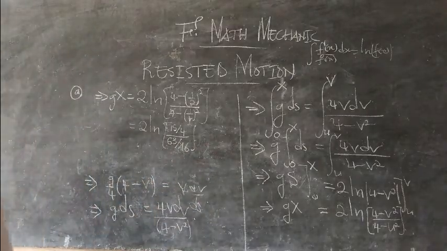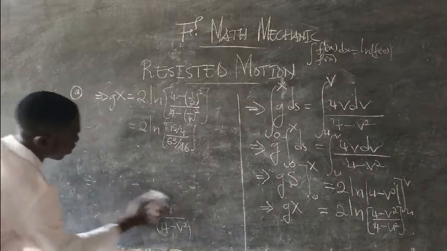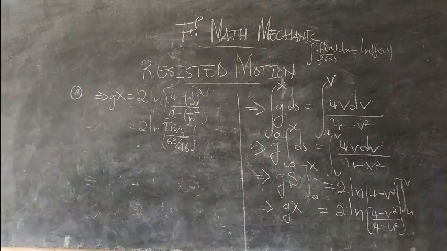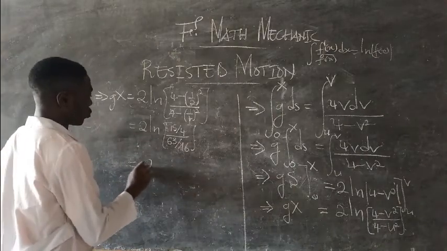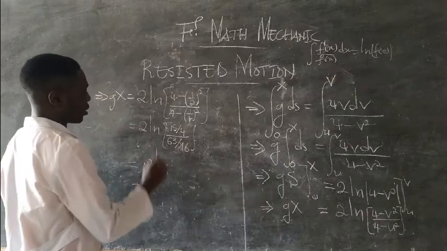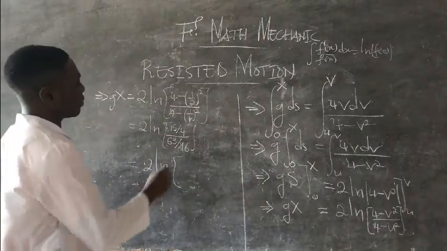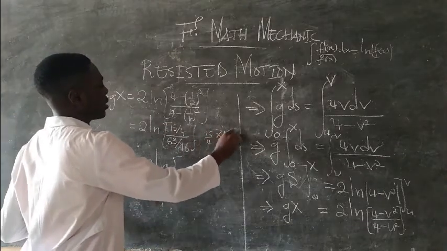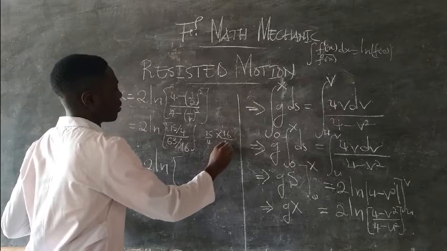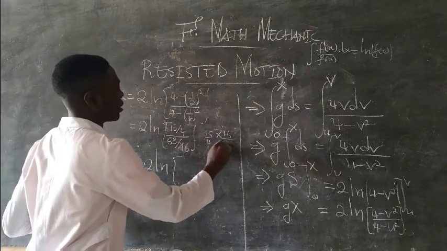Alright, and then the next thing I'm going to have is 2 ln. Okay, here I'm going to have 15. Alright, if I play with this, I'm going to have 15 on 4 times 16 divided by 63.